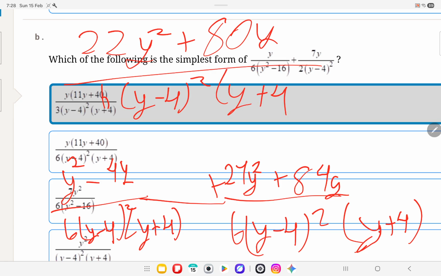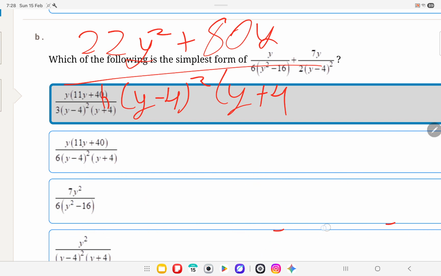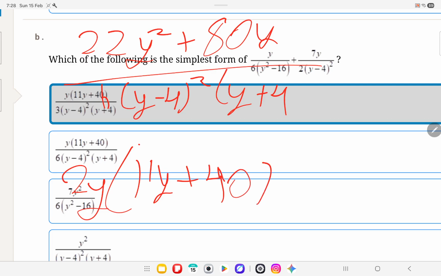What's common here is 2y. So if we take 2y out, it'll be 2y, then it'll be 11y plus 40, because we took 2y out and we divided by 2y on each number.